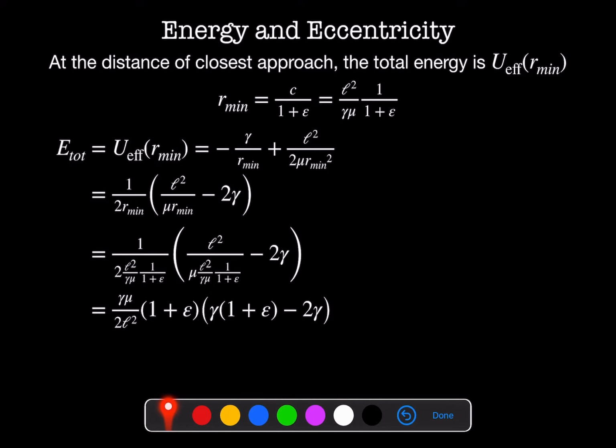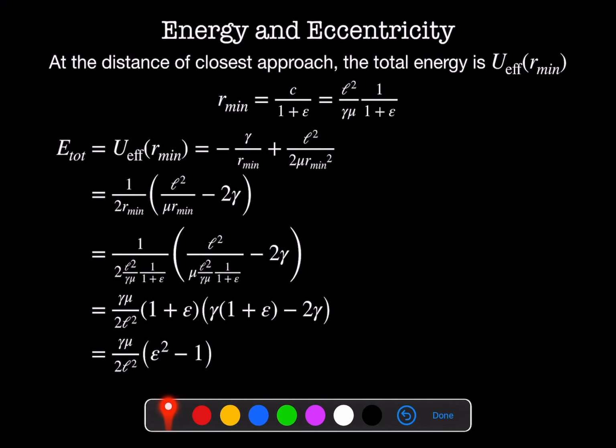So now I can take away one of the gammas here, and I end up with a total energy that's equal to gamma mu divided by 2L squared times (epsilon squared minus 1).